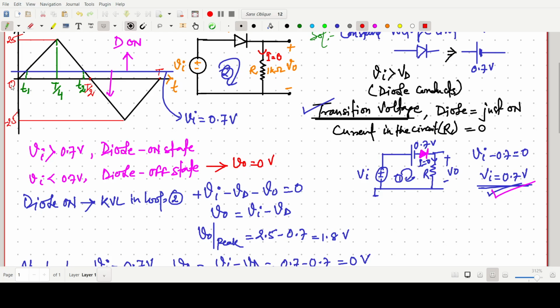So for this region, the diode will be off and the output value will be 0 volt. After that, it will go to the maximum at T by 4, like this.